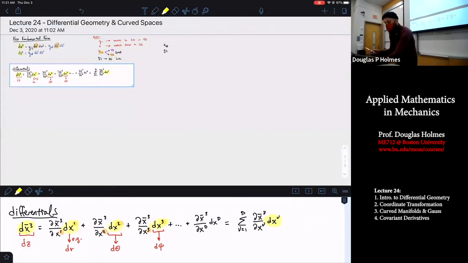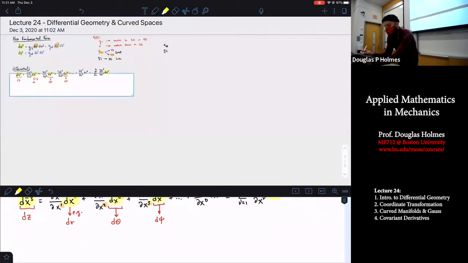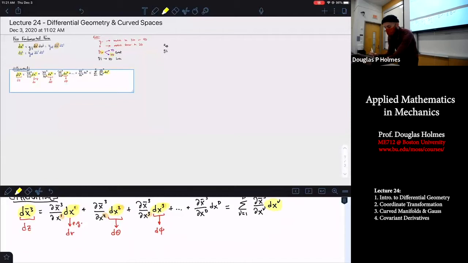We can make this even more compact because we know we're going to get three equations here. We know we're going to get one of these for dx bar 2 and dx bar 1. And we can sum all of these three equations up, which each contain a summation, in a very compact notation.